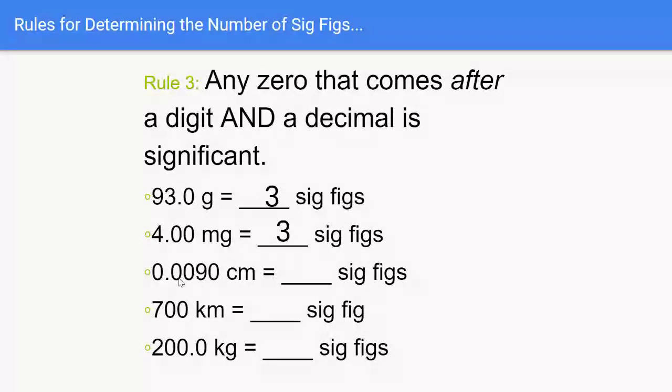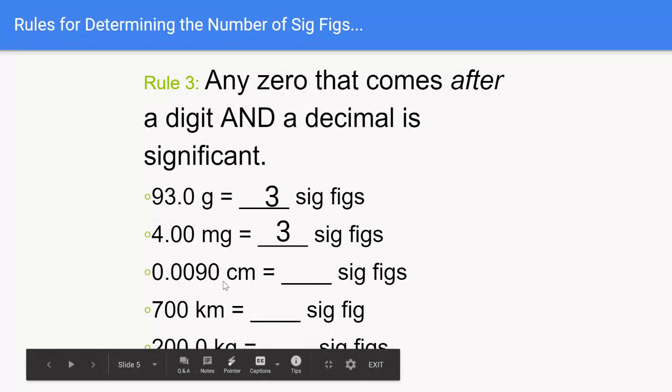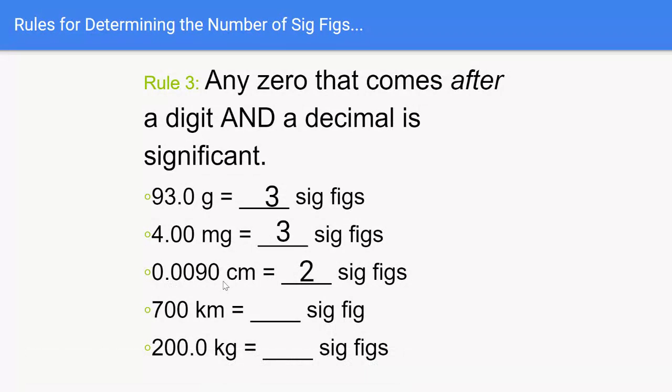No. Is it after a decimal? Yes, but it's not after a digit, so not significant. This 0, is it after both a digit and a decimal? No. 9, that's a digit, that's significant. And then this 0, is it after a digit? Yes. Is it after a decimal? Yes. 2 sig figs here.